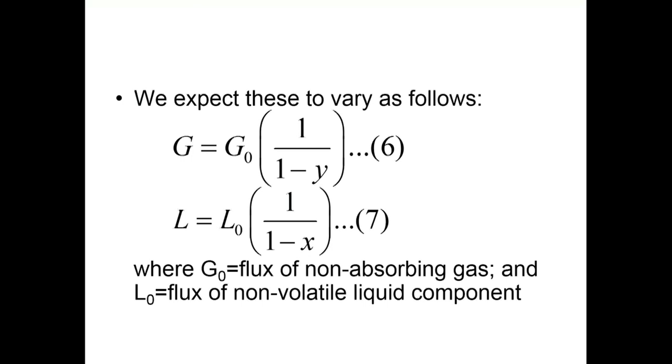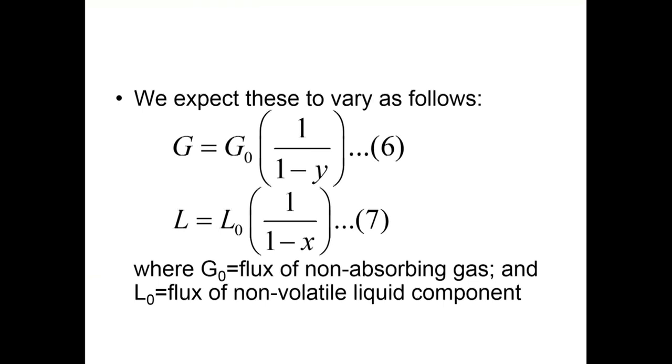G is equal to G0 into 1 by 1 minus y, and L equal to L0 into 1 by 1 minus x, where y and x are mole fractions of the solute in the gas and liquid. We see this from the proportionality that if y is the soluble component in the gas phase, 1 minus y must be the insoluble component, and for 1 minus y insoluble, total will be 1.